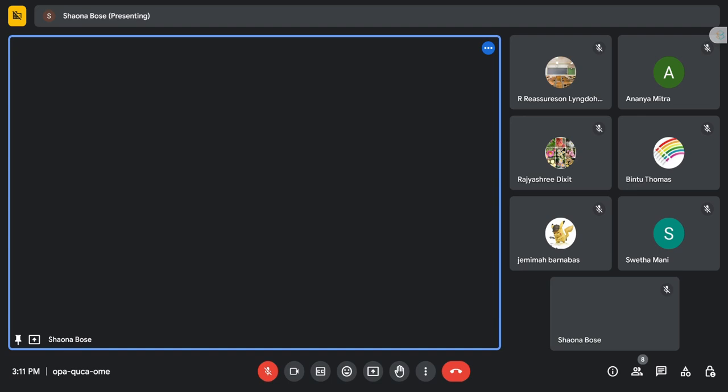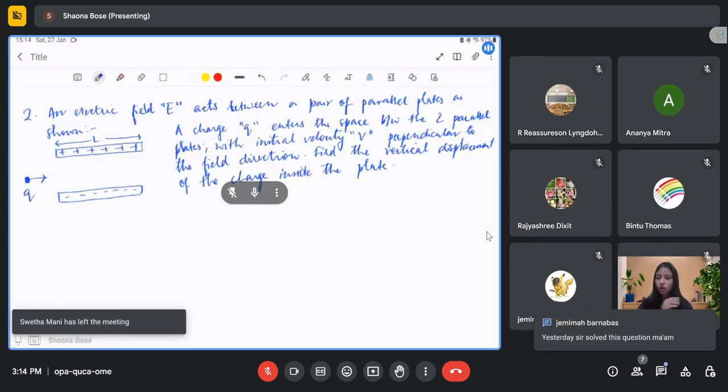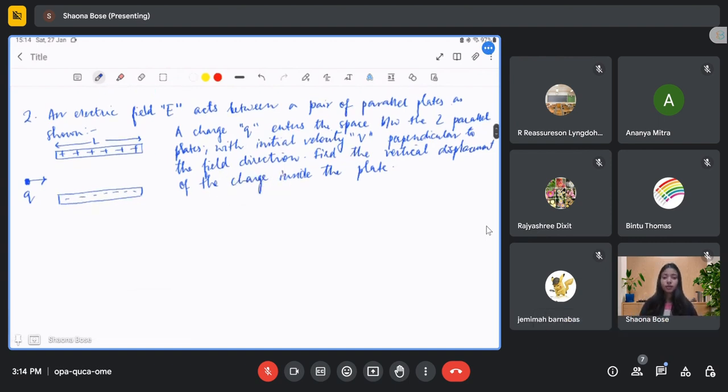Is the meaning of this problem clear to you? So you have an electric field acting between the pair of parallel plates, and you have a charge entering this. So what is the vertical displacement of the charge inside the plate? So can you try solving this problem? I mean, please try and let me know.